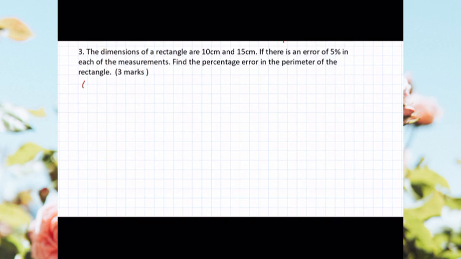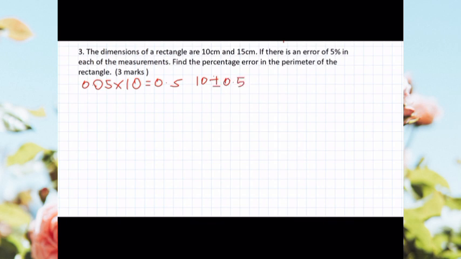So we find out here what is 0.05, that is 5%, of 10 centimeters. And in this case, we find that it is 0.5. So this means that the measurement 10 centimeters is now 10 plus or minus 0.5.